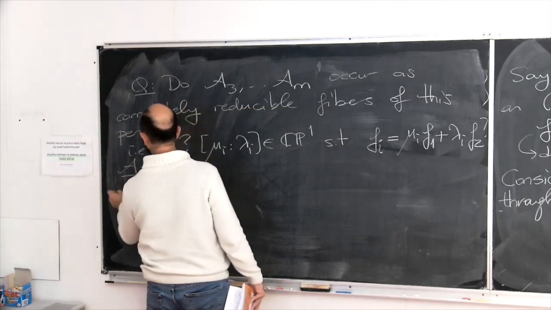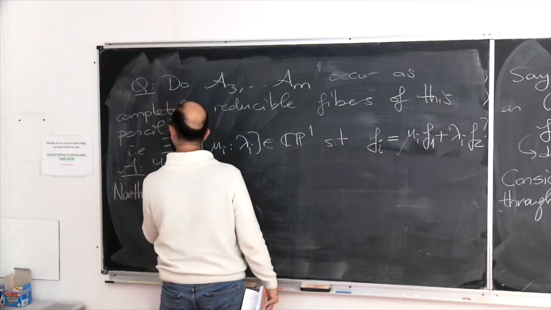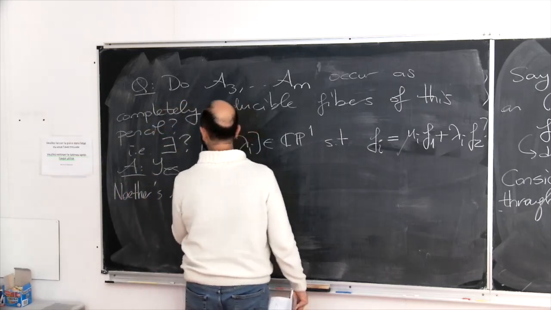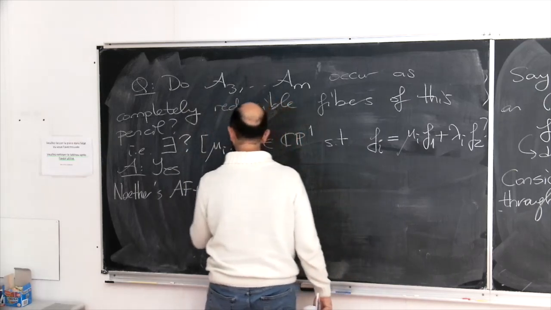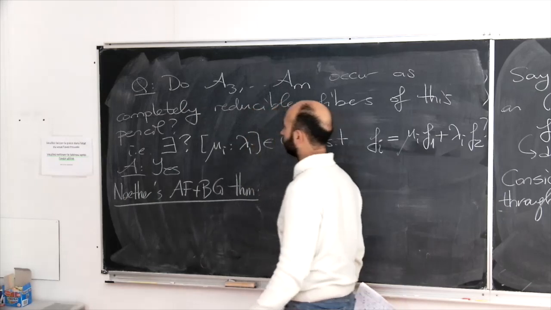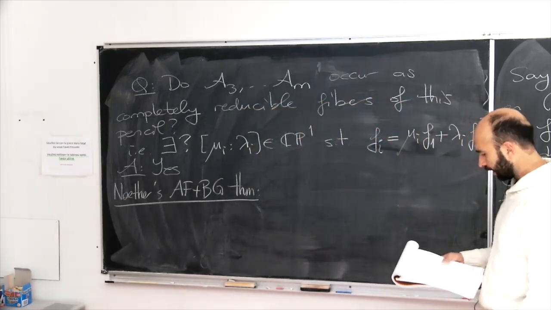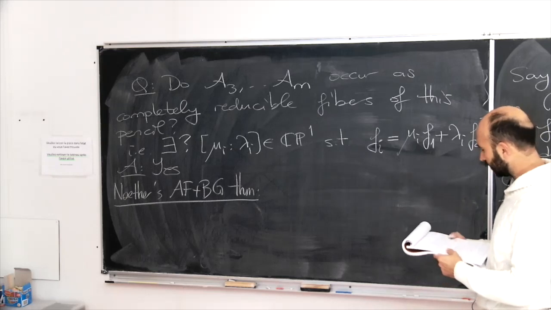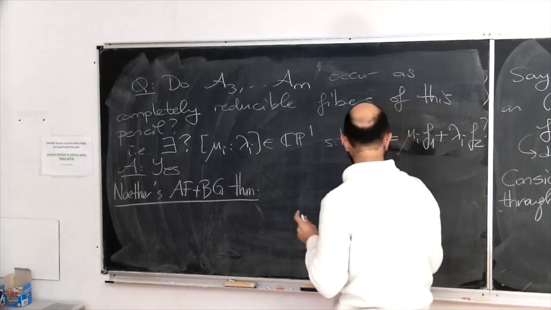And the proof is by the so-called Noether's AF plus BG theorem. This is a classical theorem from the theory of algebraic curves on a surface. Okay, the most general setup that we could use here is the following.